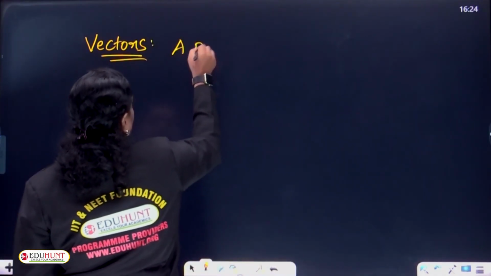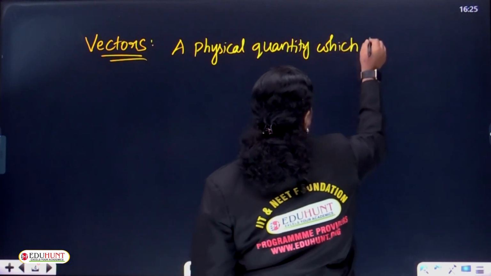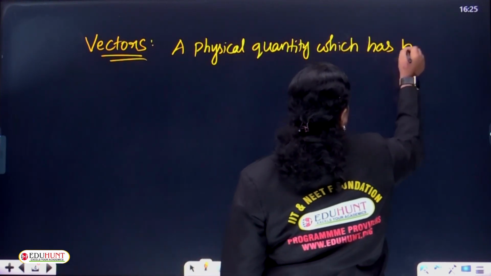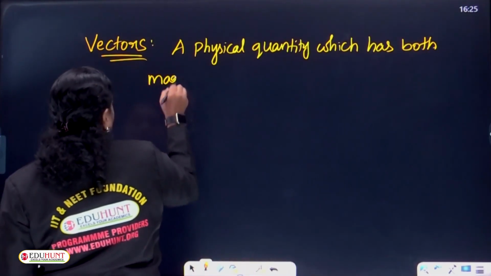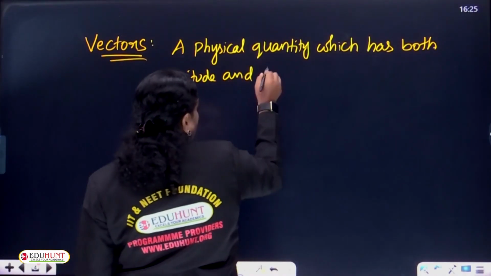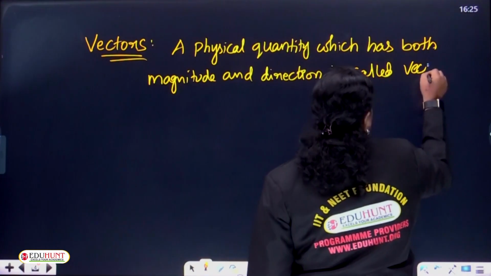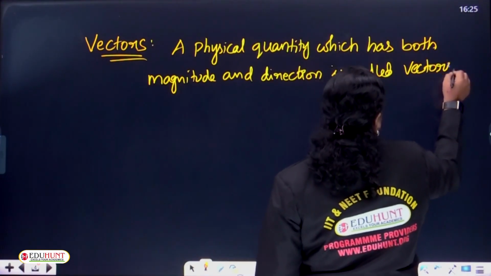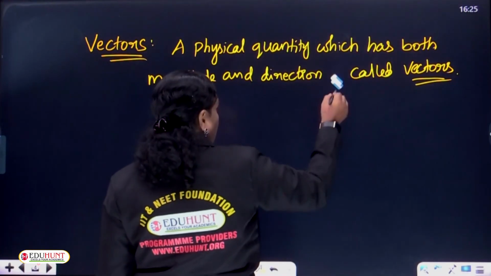A physical quantity which has both magnitude as well as direction is called a vector quantity, or simply a vector.